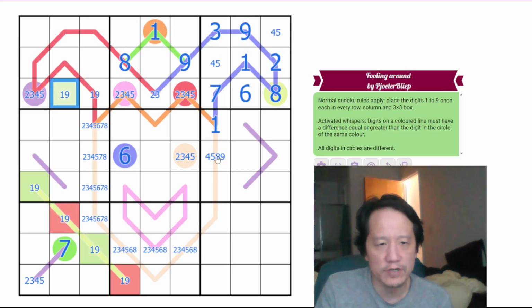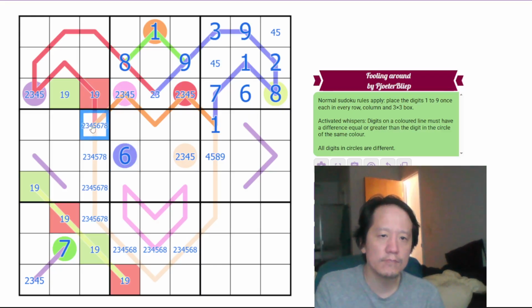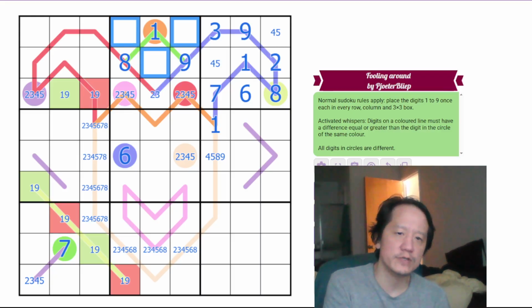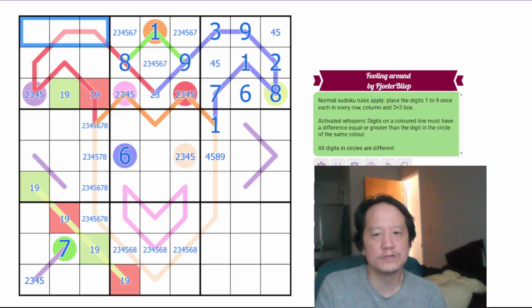This red eliminates red here, so this is green, and this is red here. There has to be at least a difference of 1 for orange. The rest of box 2 has to be 2 through 7. 8 has to be one of these 3. And 8 cannot be here. So 8's either here or here.